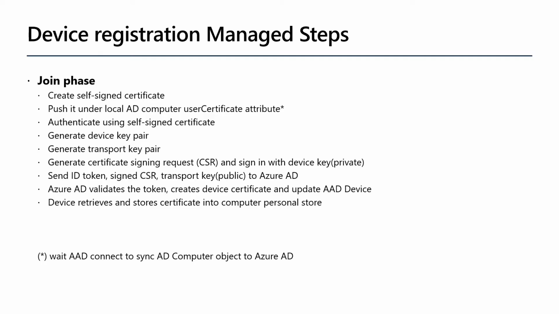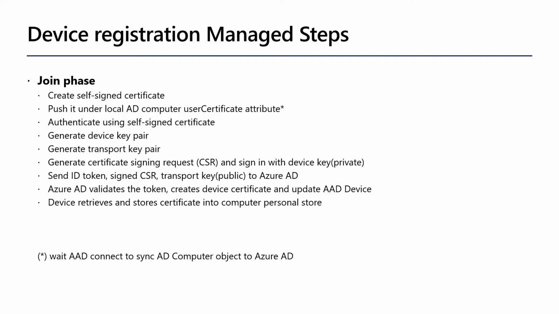And basically, AD Connect synchronizes every single local Active Directory computer object in the sync scope that has the user certificate attribute populated, and the device remains in Azure Active Directory in a pending state until device registration triggers again, and this is only for managed domains.